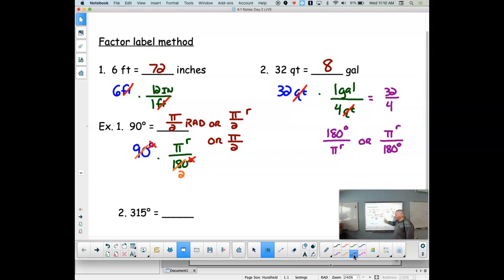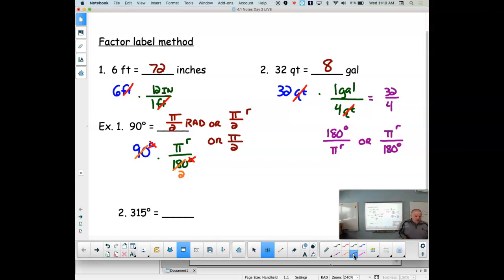Anytime that we see pi, higher level mathematicians automatically think that just means we're in radians because the pi is there. Yeah? So we've got that going for us, which is nice.